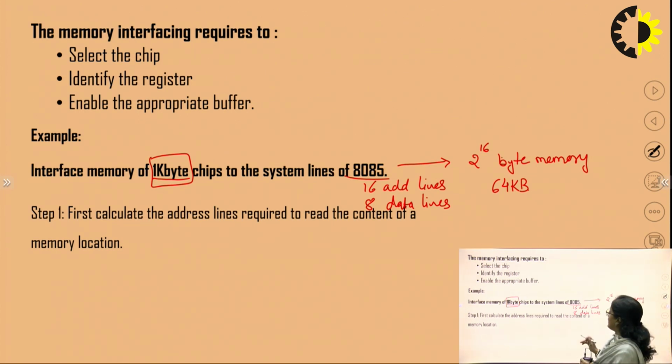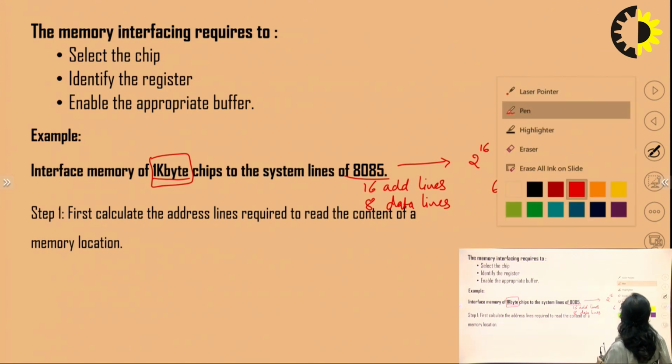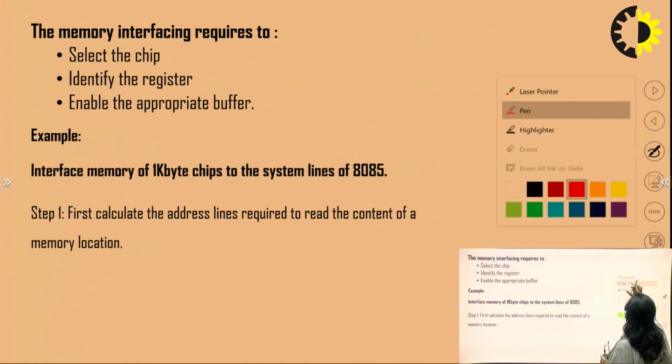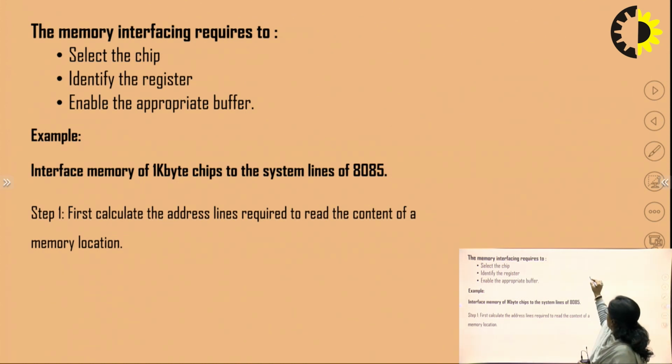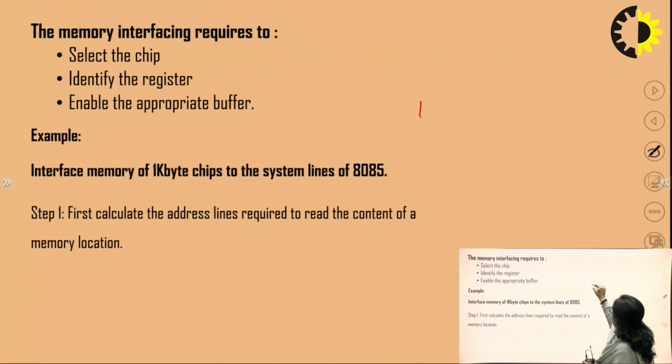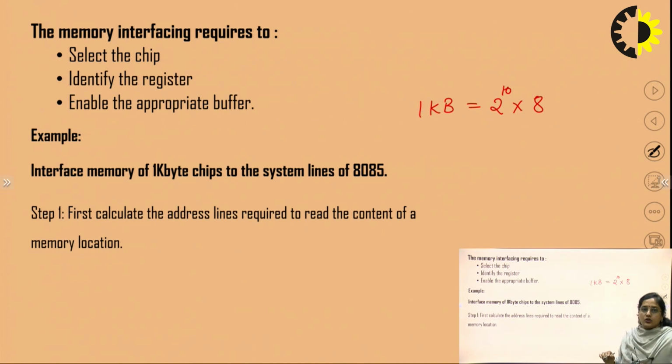So 1 kilobyte. If I convert this 1 kilobyte, if I write it, it will be 2 raised to power 10 into 8. So 2 raised to power 10, so 10 will be the address lines.